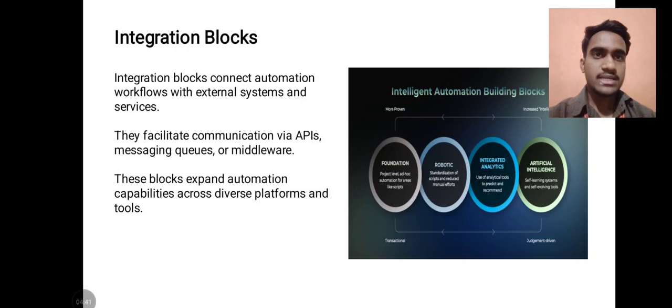By using the integration blocks, we combine some of the tools so that they work very fast. The workflow is done in a proper manner. The communication is done by APIs. We pass the message in the queue or middleware. By using these techniques, we implement our work very fast. The flow can be easily done.